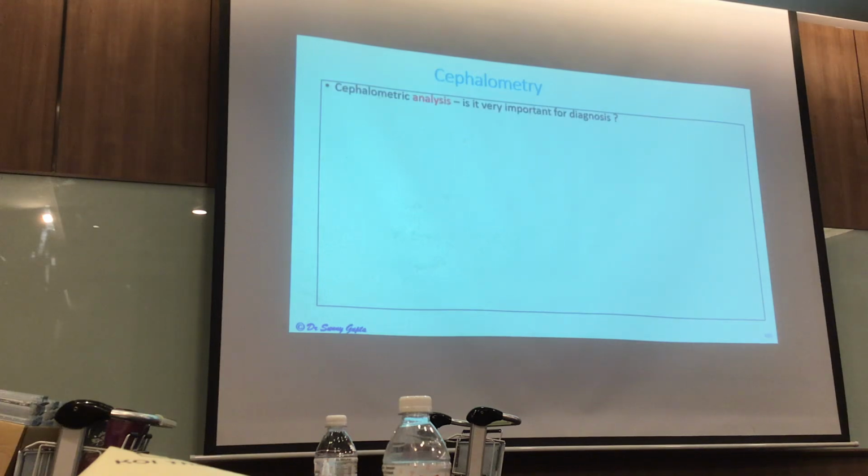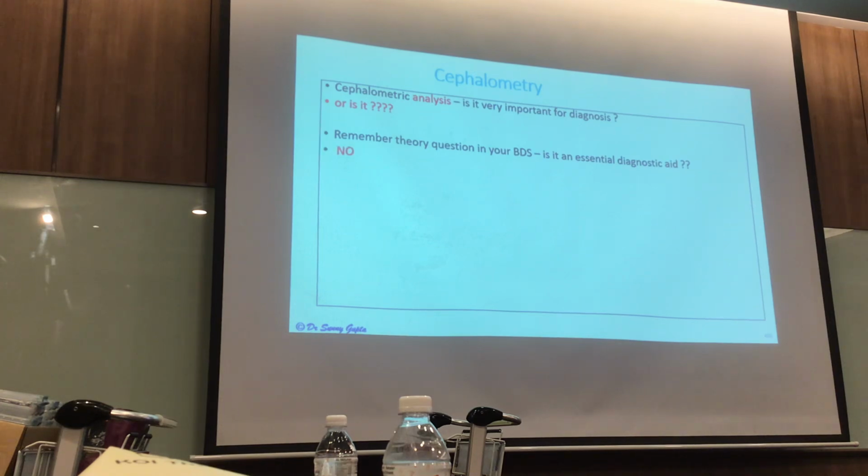So, cephalometric analysis, is it important for the diagnosis? Not really. In all the cases, no. Remember in your BDS when you studied essential diagnostic aid versus non-essential or supplementary diagnostic aids, OPG was an essential diagnostic aid, whereas cephalogram was not an essential diagnostic aid. That means for diagnosis, the ceph may not be absolutely necessary.